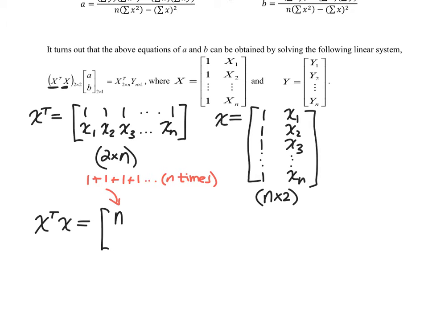So then I want to do the same thing, taking this row of ones, multiplying it by this column containing x of 1, x of 2, x of 3, all the way up to x of n. What that's going to amount to is x of 1 plus x of 2 plus x of 3 plus x of 4 plus x of 5 all the way up to x of n, which is the same as saying the sum of x sub i going from i equals 1 to n.